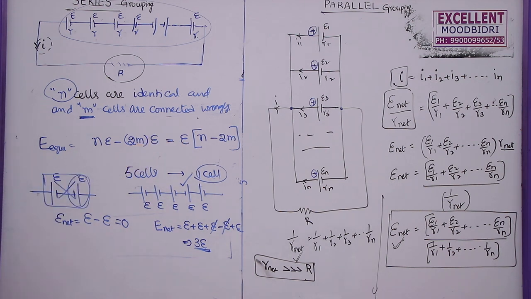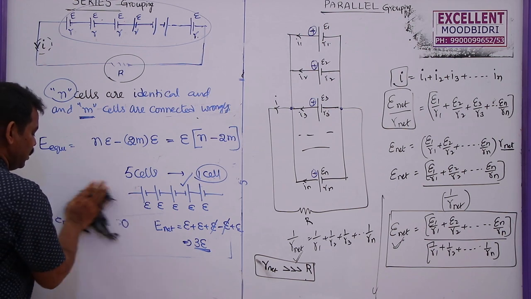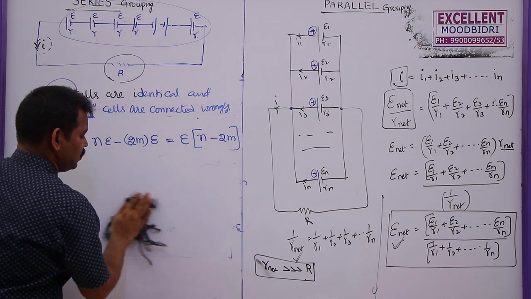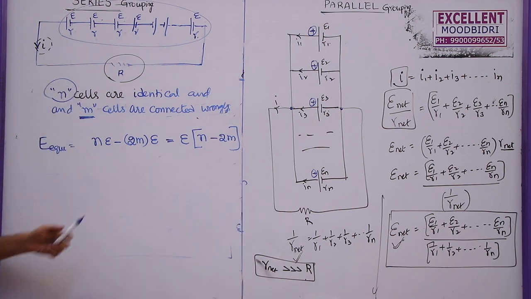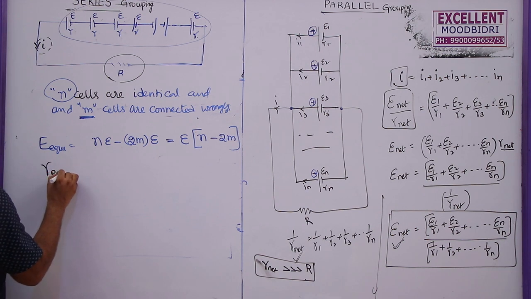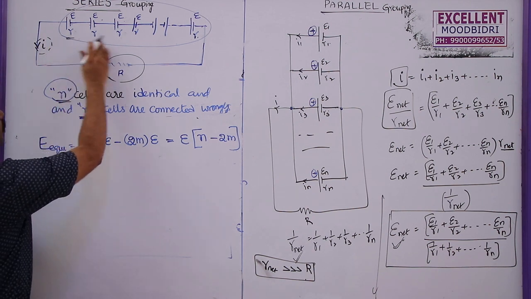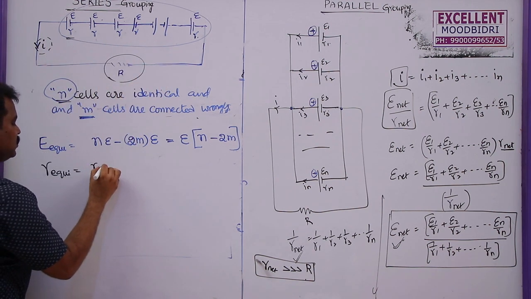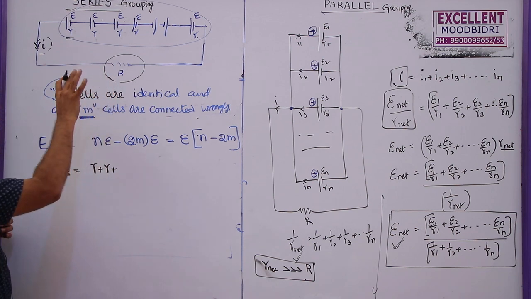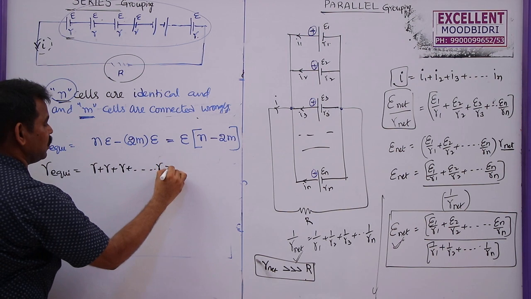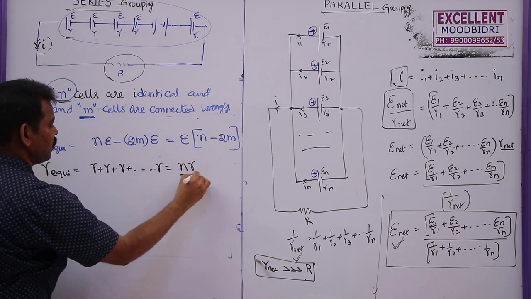But what about the equivalent resistance here? Resistance cannot be negative at all. So that's why in case of EMF, I am writing n minus 2m. But in case of equivalent internal resistance, as there are n cells, each cell is having internal resistance r. So we have to add all these resistors, whether they are connected in the same polarity or reverse polarity. The total resistance will become nr only.